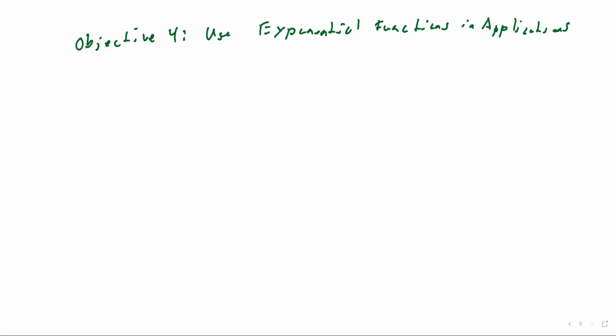All right, so this is the last problem of this lecture. So I'll write it out and then we'll work it out. So here we go.